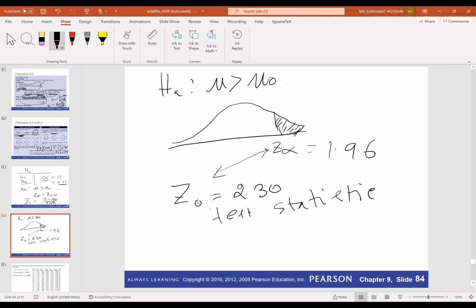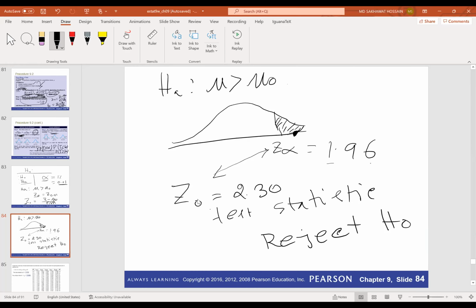Now we'll compare these two. This is 1.96, so 2.30 will be somewhere here, right? So that means 2.30 is in the rejection region. So in this case, we will reject the null hypothesis.